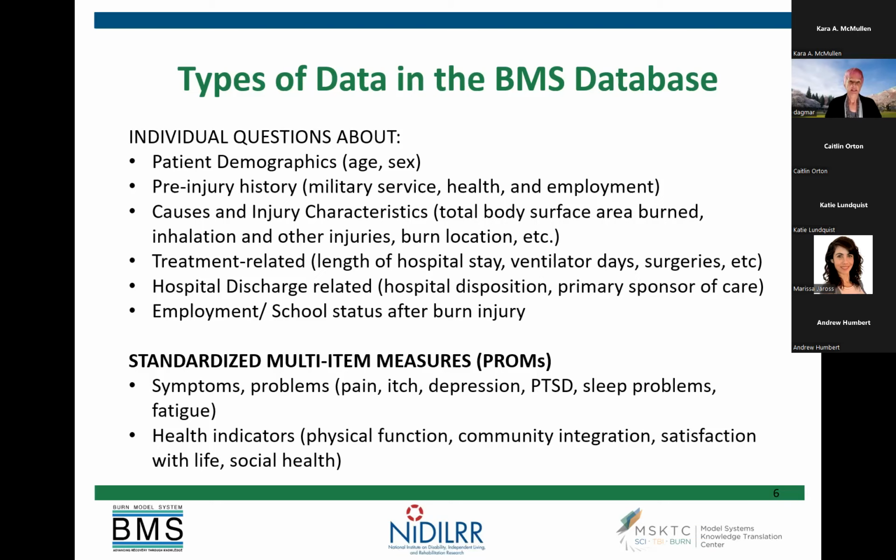So we use standardized multi-item measures to measure symptoms or problems, such as pain, anxiety, depression, post-traumatic stress disorder, sleep problems, fatigue, or health indicators such as physical function, community integration, satisfaction with life, and social health.